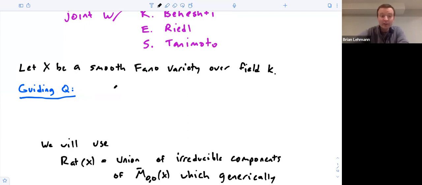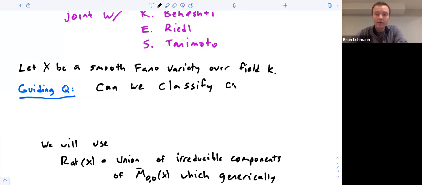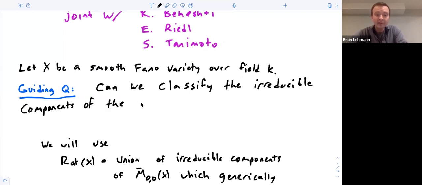The guiding question that we'd like to consider is the following. Can we classify the irreducible components of the parameter space, or let me say maybe the moduli space, of rational curves on X?